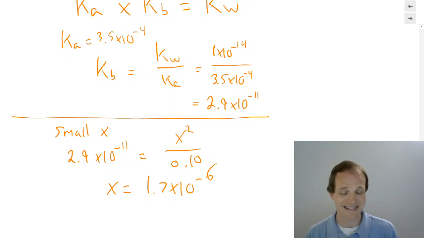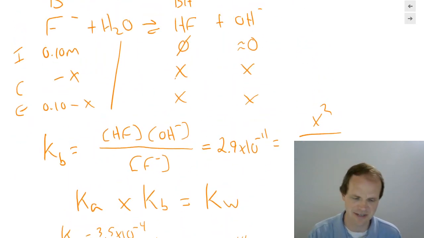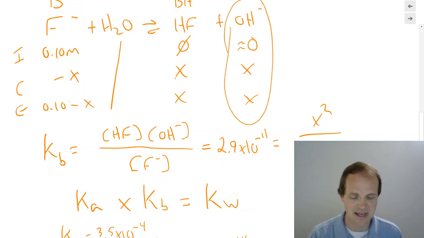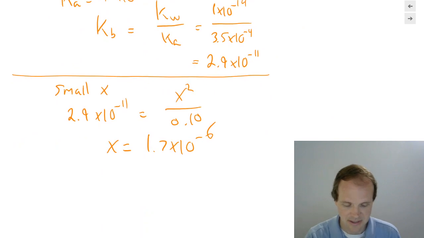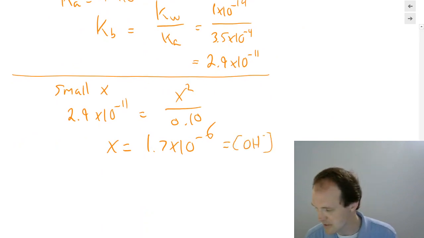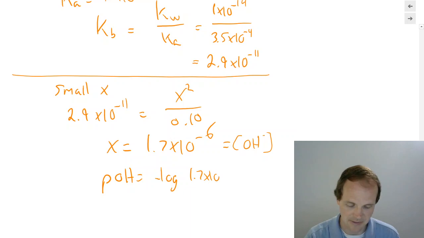Now remember, if we go back up to our table here, x is not H plus concentration. It's so tempting, we're so used to doing acids. It's not H plus concentration, it's OH minus concentration. And so this is equal to my OH minus concentration, which means I can go ahead and find the pOH by taking the negative log of 1.7 times 10 to the minus 6.